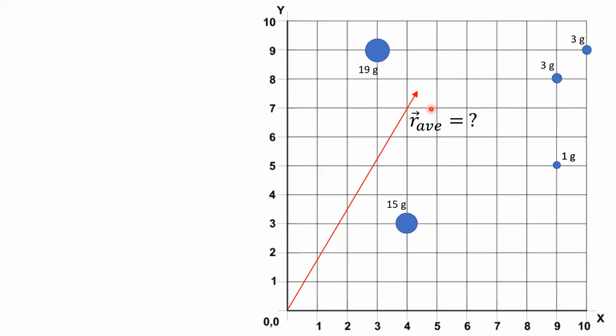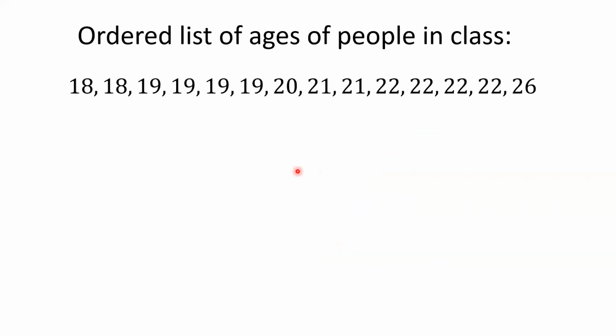So the definition of center of mass, if it's going to make any sense, if it's going to be reasonable, it should take into account not just where the masses are, but how massive they are. So I've labeled it R average, but really this vector that we're looking for is the position vector for the center of mass. So I could have just called this R sub CM.